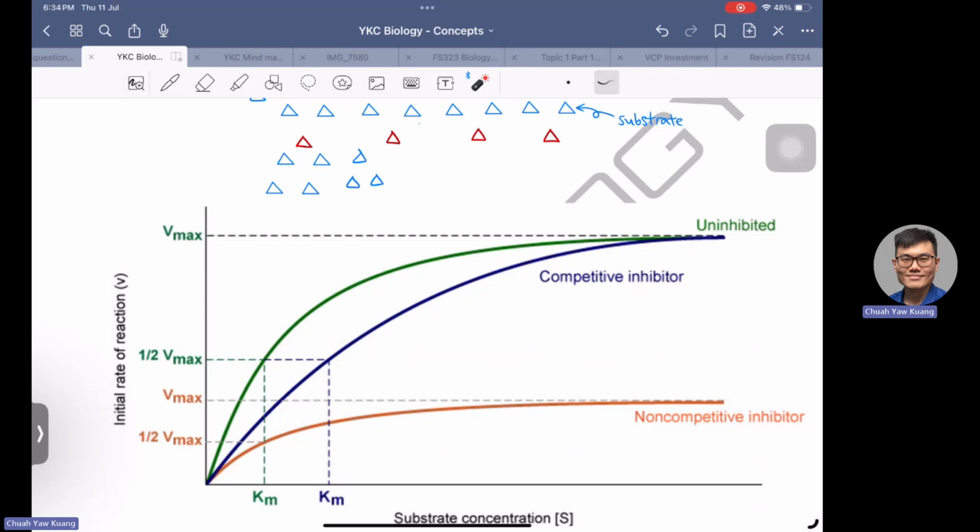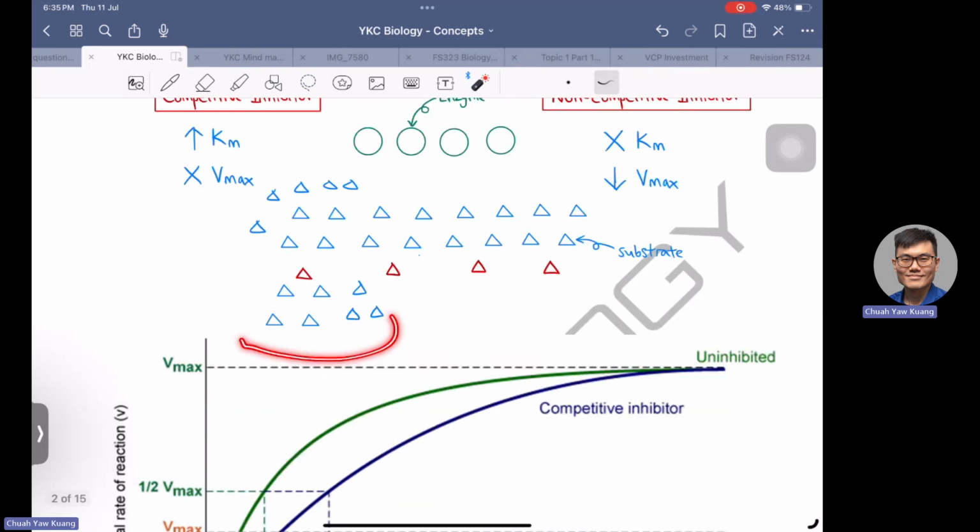It's just that in order to achieve the original maximum rate of reaction, the reaction with the competitive inhibitor will need way higher substrate concentration. So it is the same as what we have mentioned just now. You need to add more and more substrate so that the chance of this enzyme to bind with the substrate is almost 100%.